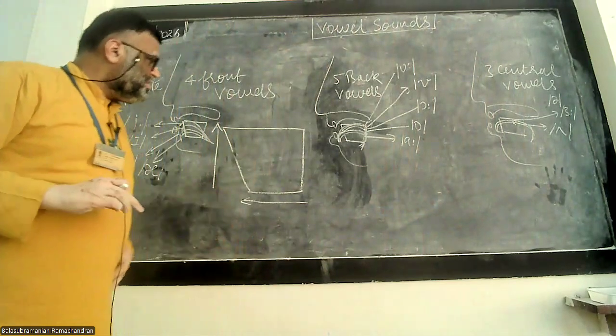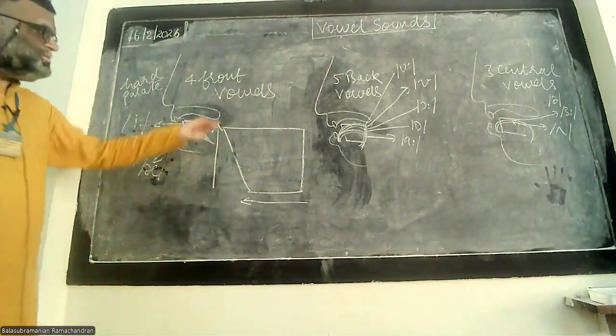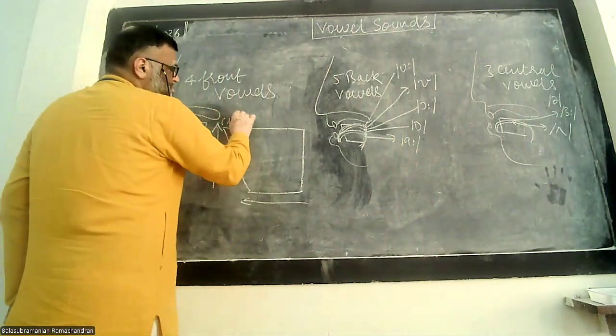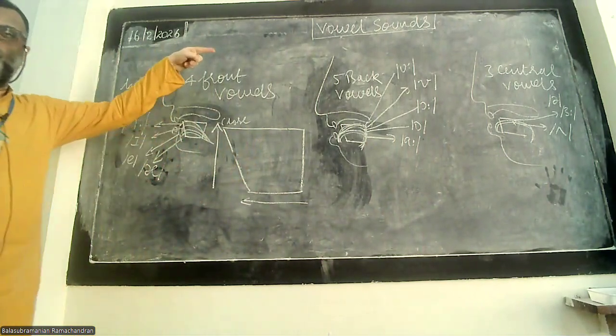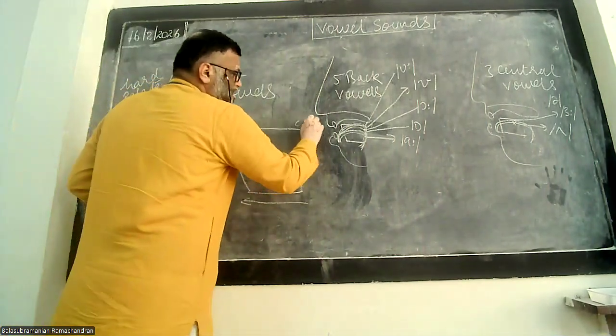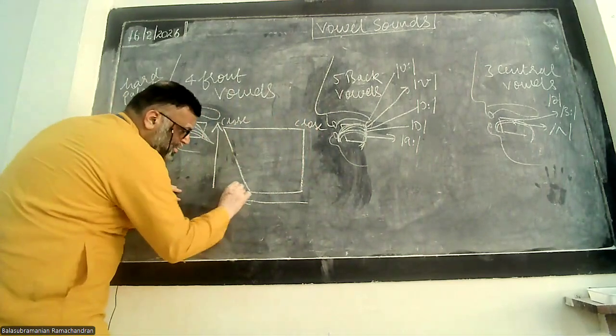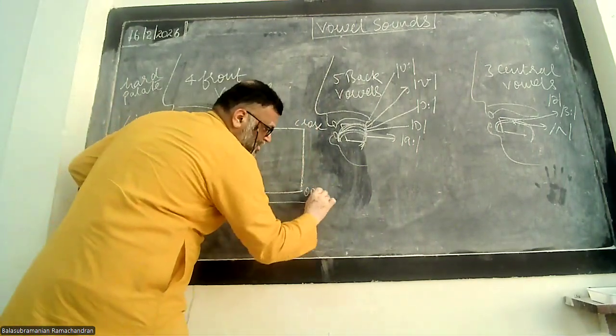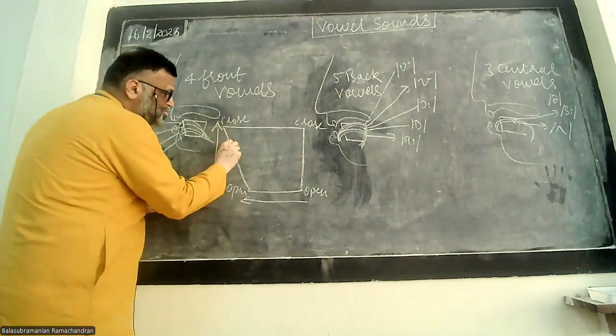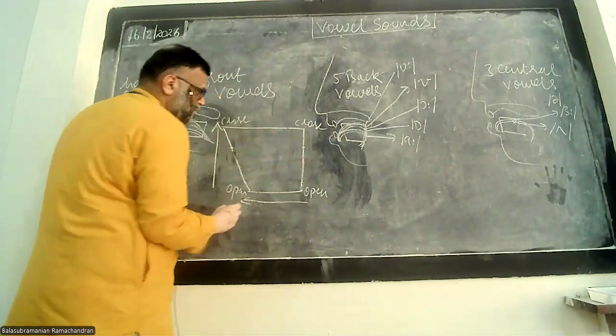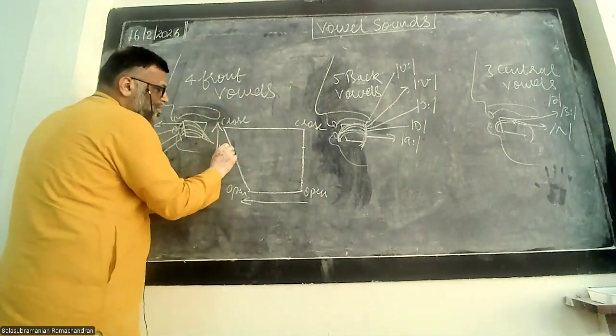So where will each vowel come? This is the close position. Close means close to the roof of the mouth. Then open, and the midway positions: half close and half open.